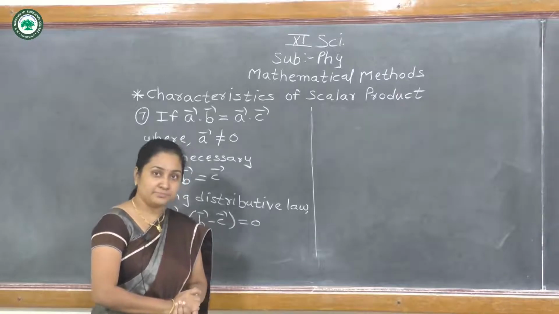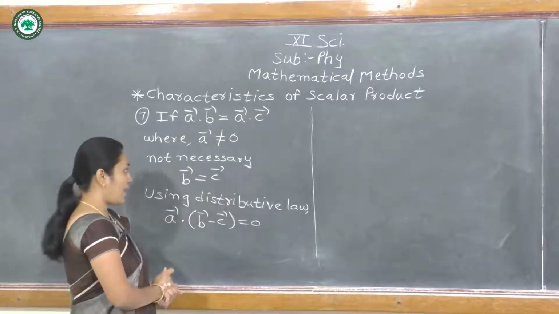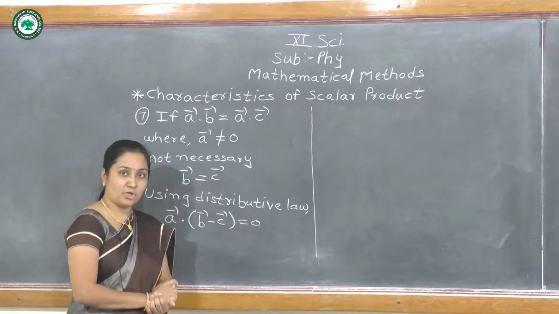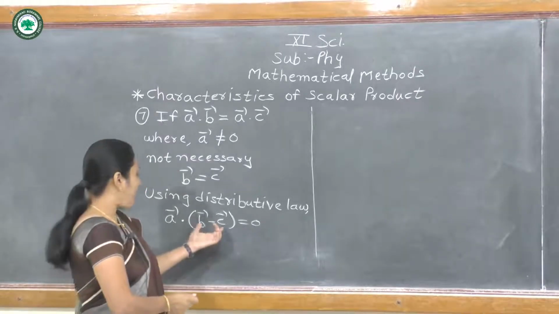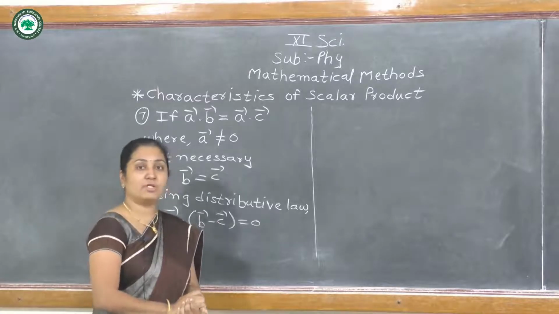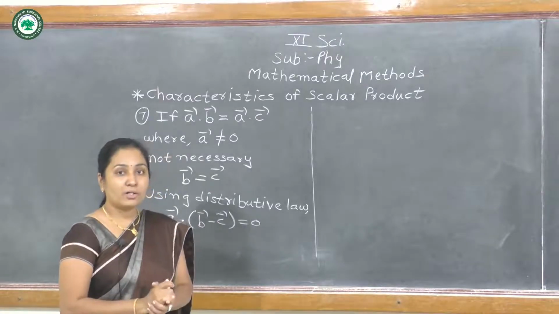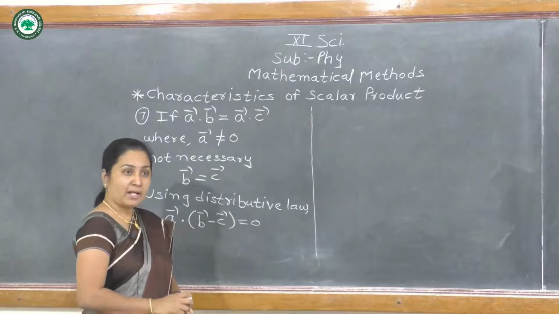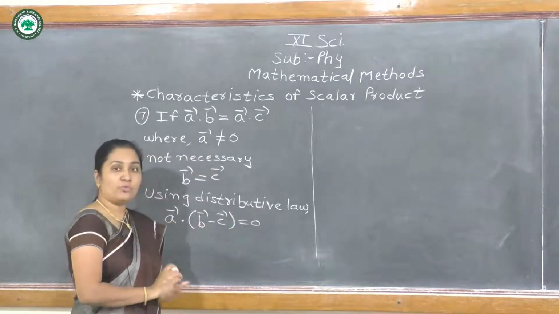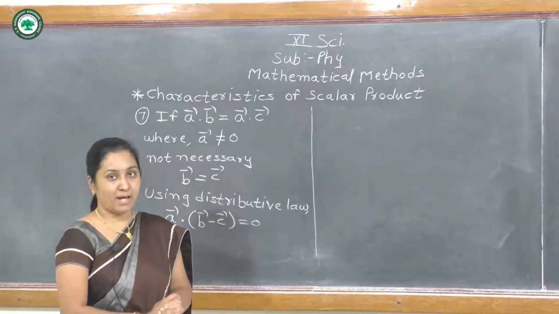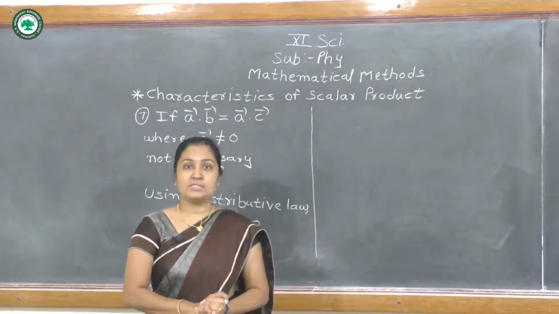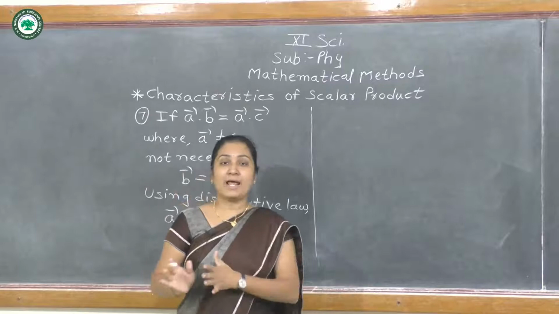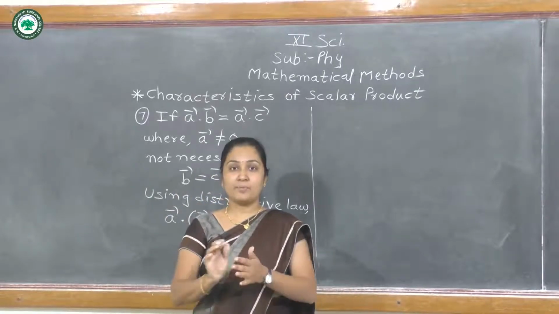So here, if a bar is not equal to 0, we can say that either b bar minus c bar is equal to 0 or vector a bar is perpendicular to b bar minus c bar. So this is characteristic number 7. So these are the total 7 characteristics of scalar product.